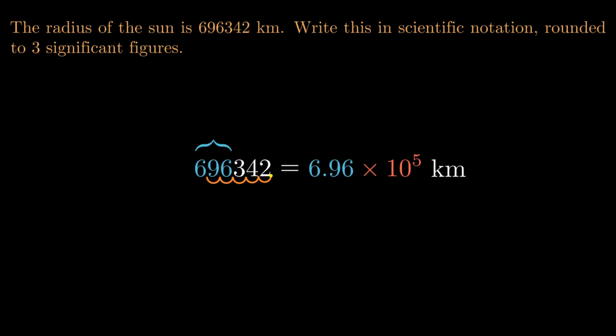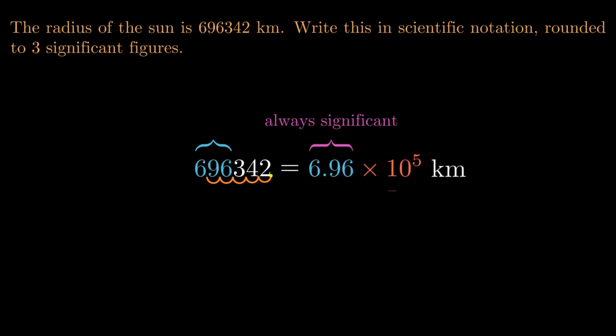So what's nice about this, apart from having a concise way to write huge or tiny numbers? Well, a good thing is we can easily see the significant digits in the number. Okay, the way it's set up, every digit on the left here in blue is always significant. Even if there are zeros, because they'd appear after the decimal point, they would still be significant, like in the last example of the previous video.